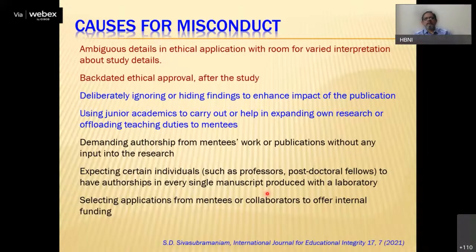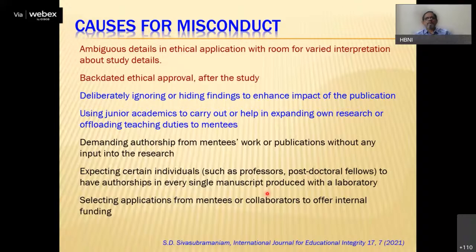And then again, sometimes deliberately ignoring and hiding findings to enhance the impact of the publications. Again, this is what I said is preventing negative results from coming out, or removing the outliers.